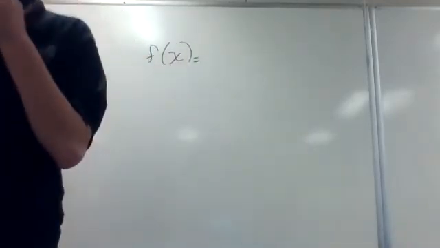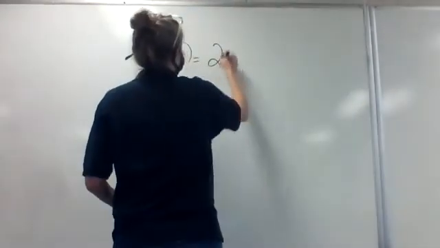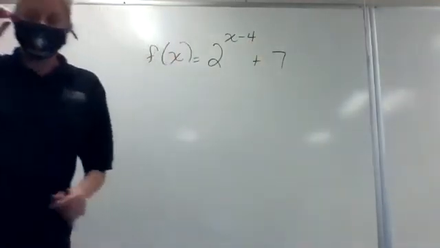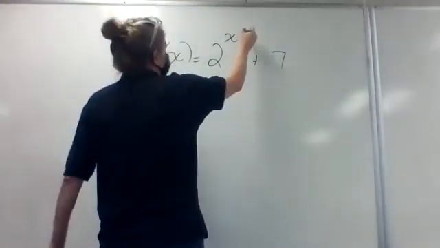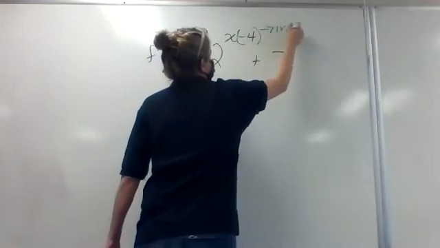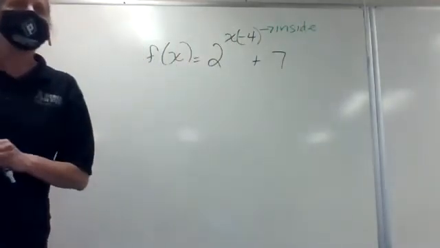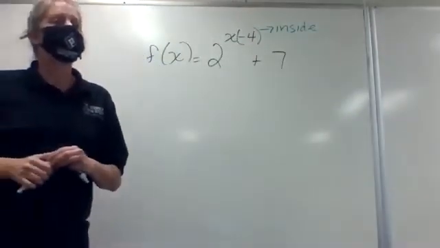Okay, before we get to that next one. The numbers that are inside the exponent are the inside numbers. So inside numbers shift you left and right, but you go opposite the sign.